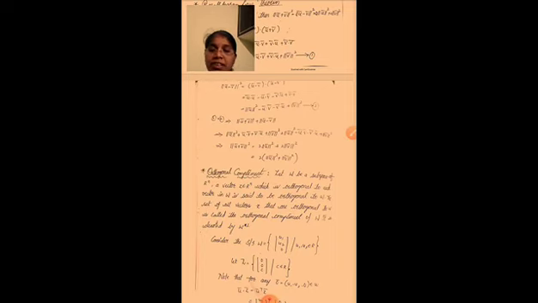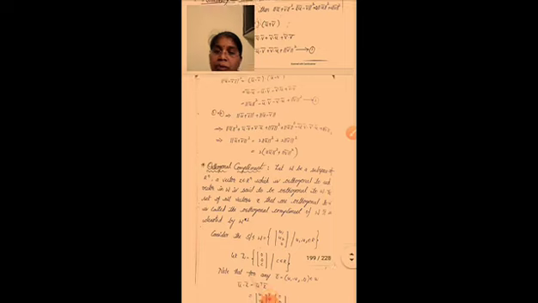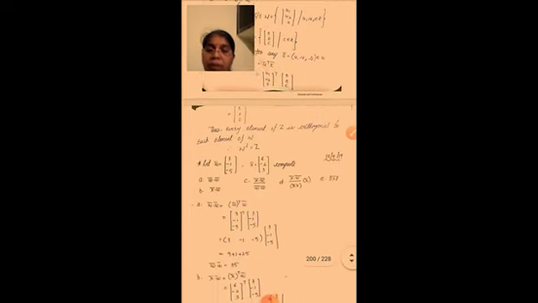So once again, W is a subspace of R to the power of n, and we have to take Z belongs to R to the power of n which is orthogonal to each vector in W. So the set of all vectors Z that are orthogonal to W is called the orthogonal complement of W, denoted by W complement. Okay, this is the orthogonal complement definition.